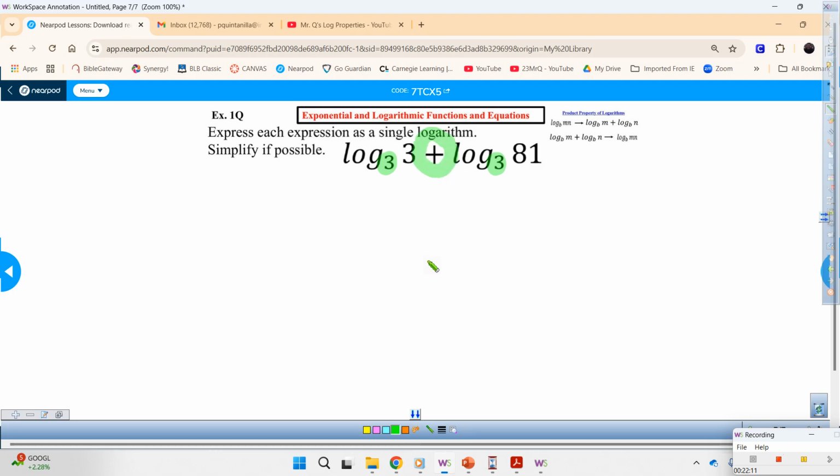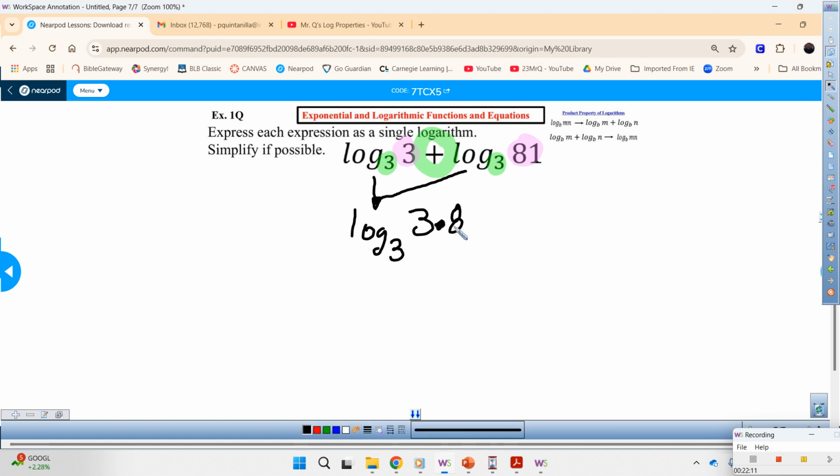Are they being added? Yes. So if those two are there, then we write log base 3 only once. And what do we do with the given numbers for each? The given number is 3 over here, and 81. We write them as 3 times 81.